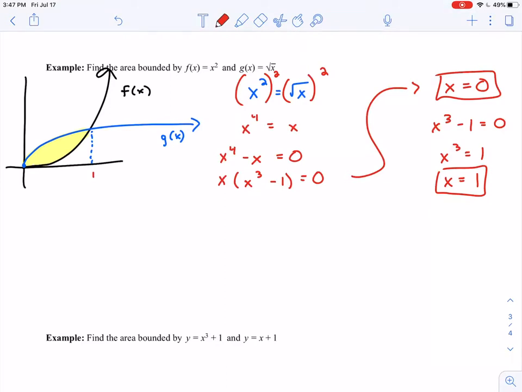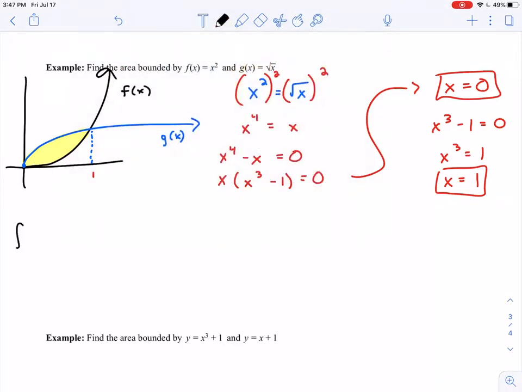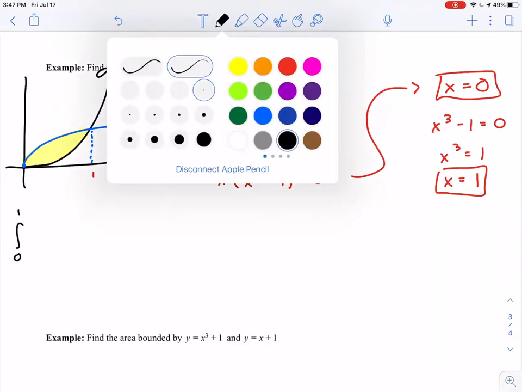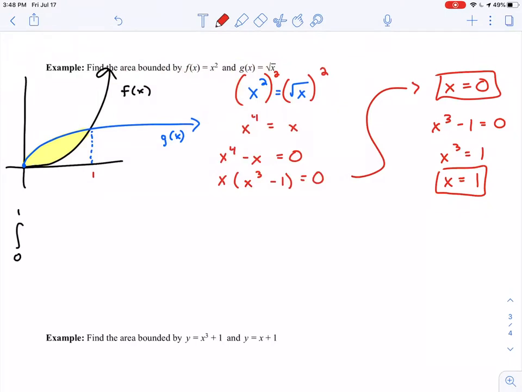So here, when I set up my definite integral, I know I'm going to be integrating from 0 to positive 1. Now I just need to determine what is my upper function and what is my lower function. So again, if you need to draw in that vertical line, I do think that helps you determine what your upper function is.